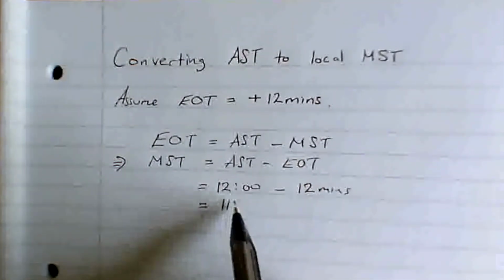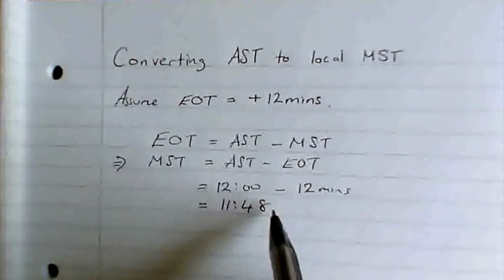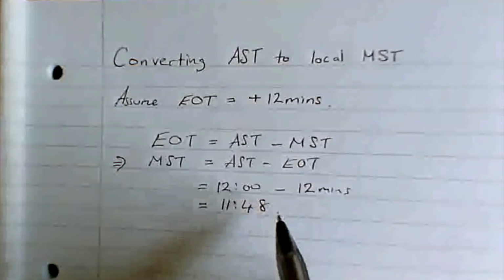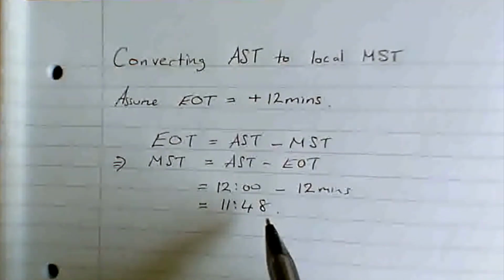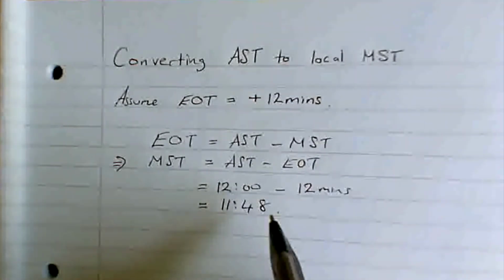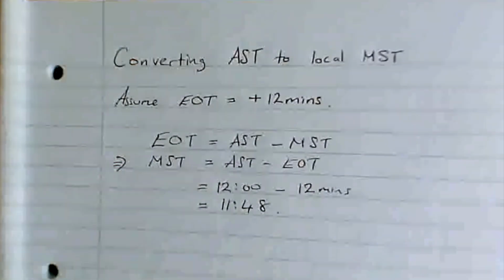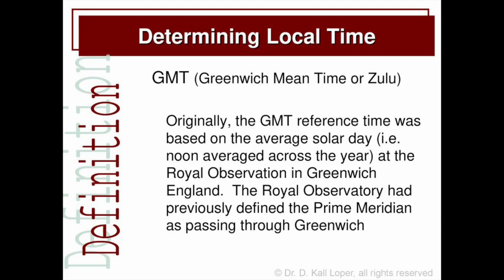Now, since EOT is equal to AST minus MST, we can rearrange that equation to get an equation where MST is the subject, and that's going to be 12 take away 12 minutes equals 11:48. So the local mean time was 11:48, and yet the local mean time in Greenwich was 11:52, 4 minutes later.